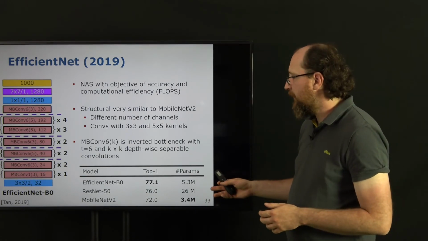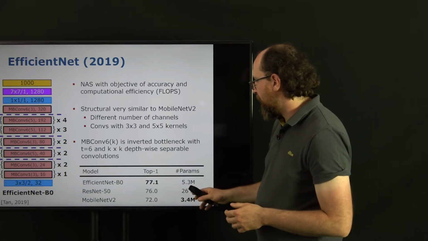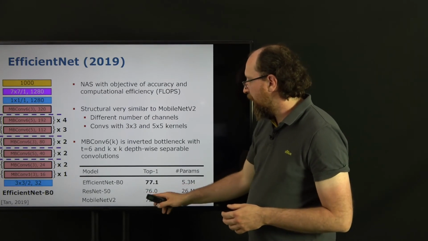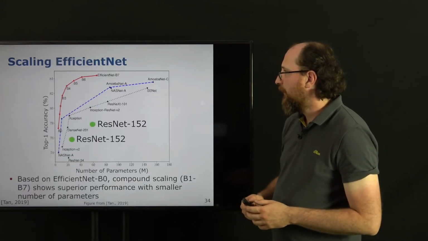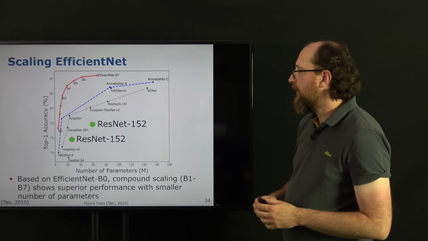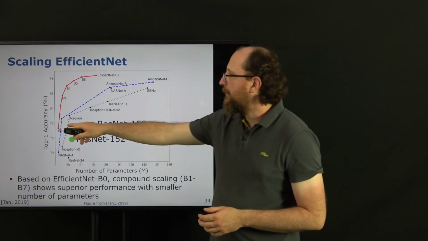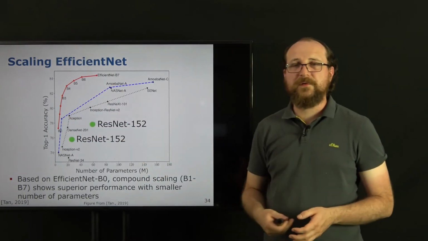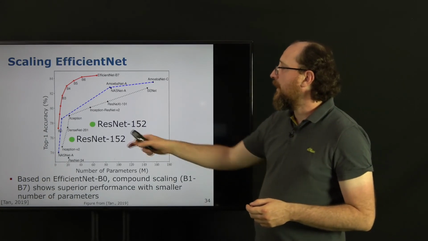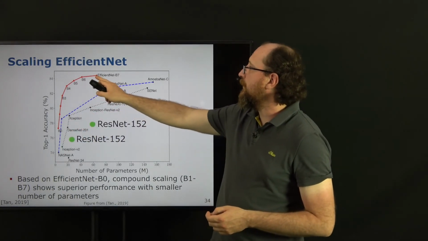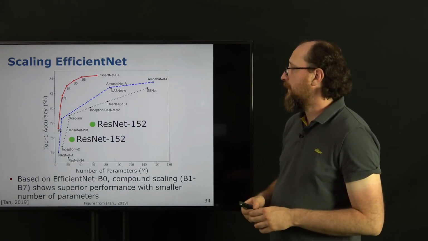Compare this to the ResNet, which had 26 million parameters and reached a top 1 accuracy of 76%. And when we see this now on this curve, then we can see by scaling up this network with the compound scaling, that we are scaling the depth, width, and resolution at the same time, we can get very efficient networks that reach even top performance on the ImageNet dataset.